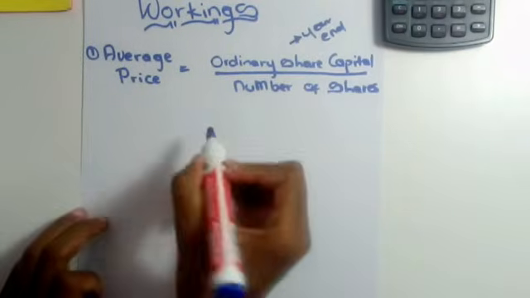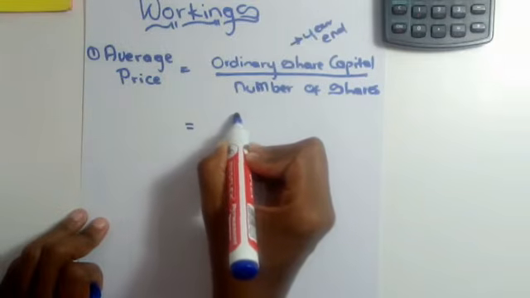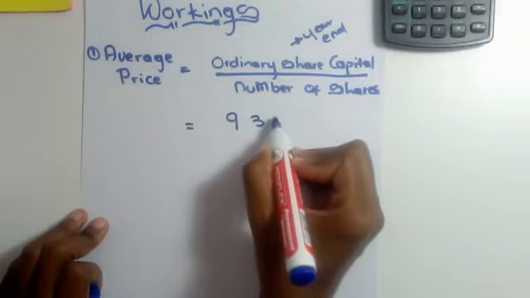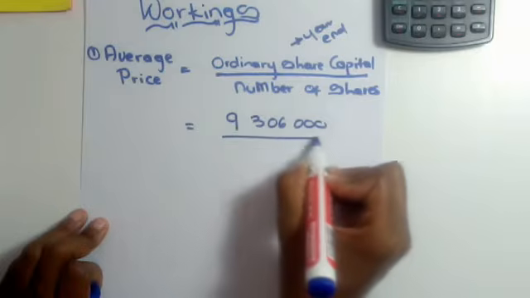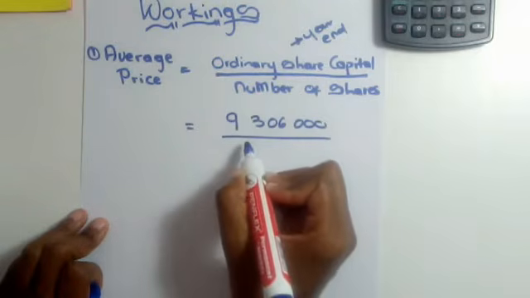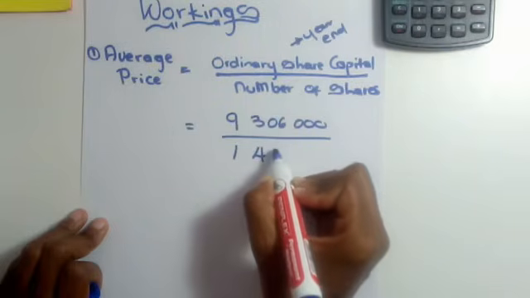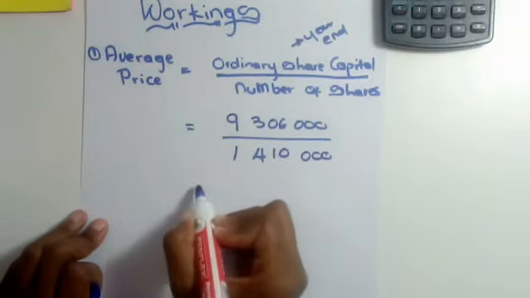We have already established that our ordinary share capital has been given to us as 9,306,000 all over the number of shares that we have in issue at the end of the year, which have also been calculated in our note, and is 1,410,000.